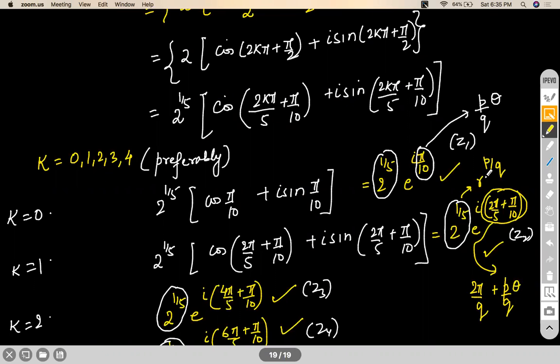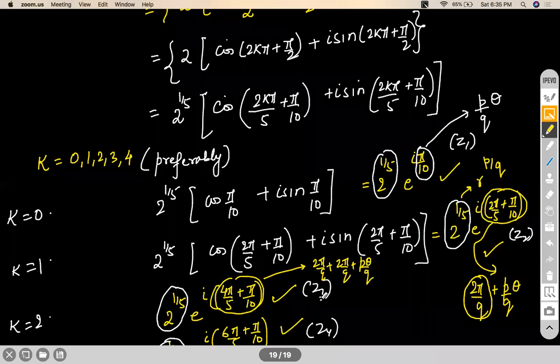That means from the previous argument, you made an increment of 2 pi by q. So p will not feature over here, only q will feature. And for the subsequent arguments, you kept on increasing it by the same value. That means this is now 2 pi by q plus 2 pi by q plus p theta by q. That means there is a constant increment of 2 pi by q from the previous argument, right?